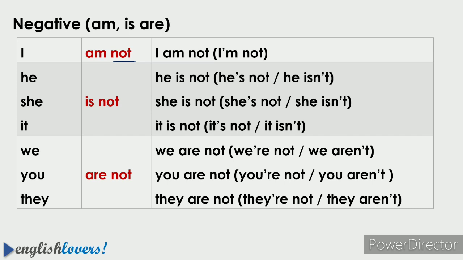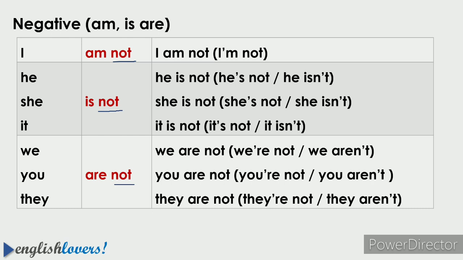Then he is, you put not, he is not. In the same way, she is not, it is not. In the same way, we are not, you are not, they are not. So we simply put not after these verbs am, is and are, and then we get the negative form.